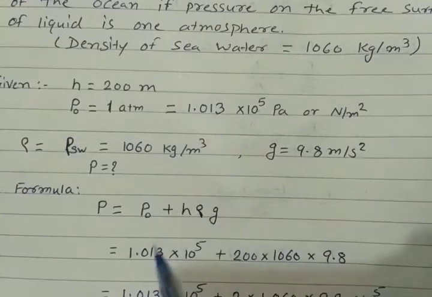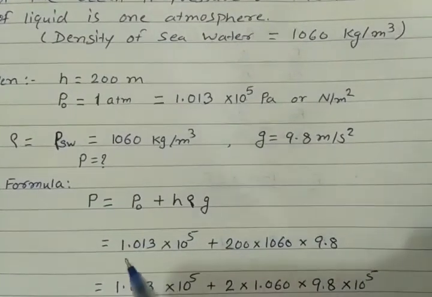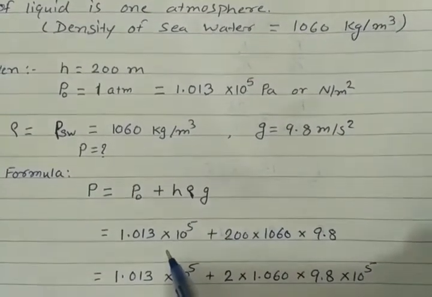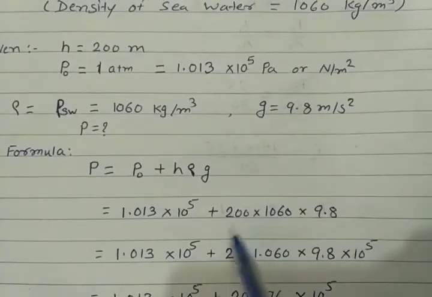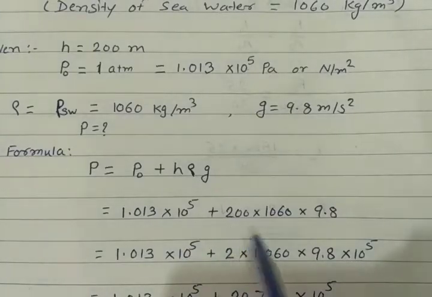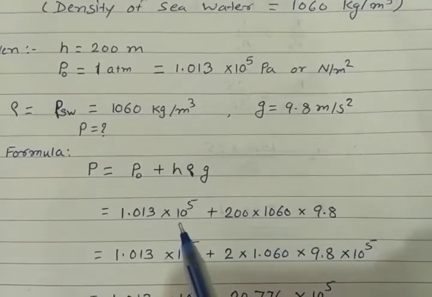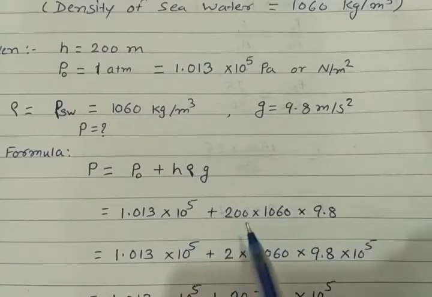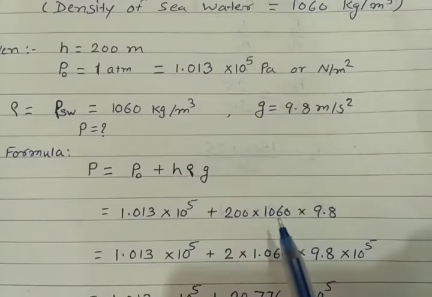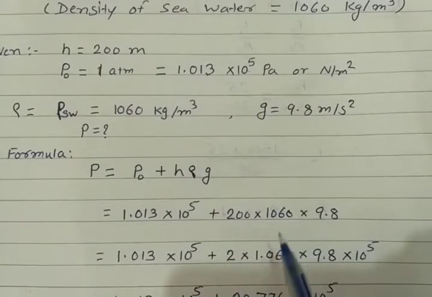So substituting these values in the equation and after solving this, taking the common term, because it is 10 raised to 5 over here, we shift the decimal point by 3 places in this value.